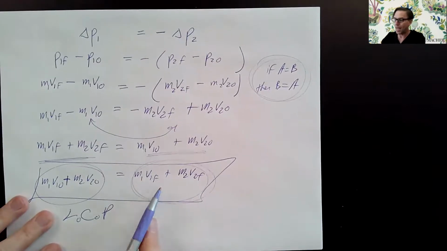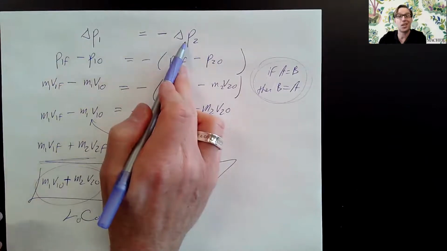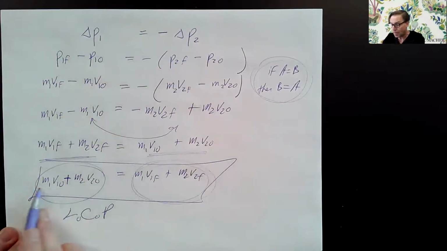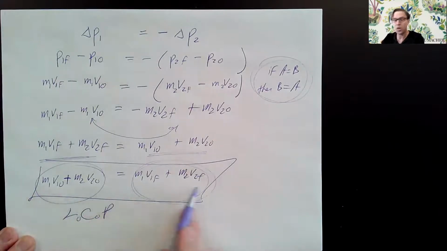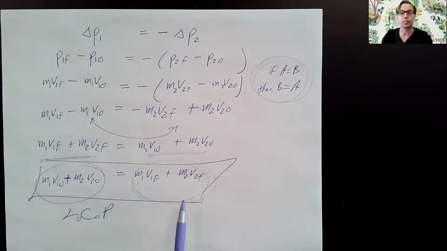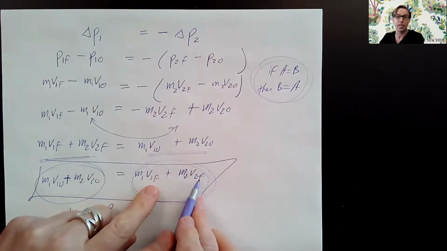That's saying the same thing as the change in one object's momentum is the opposite of the change in the other. Okay, that's nice. But this is saying the total momentum at the beginning equals the total momentum at the end. This equation we will use many times this chapter in order to analyze the situation and predict something about final velocities.